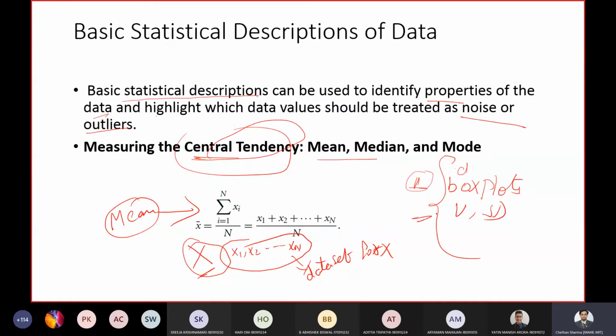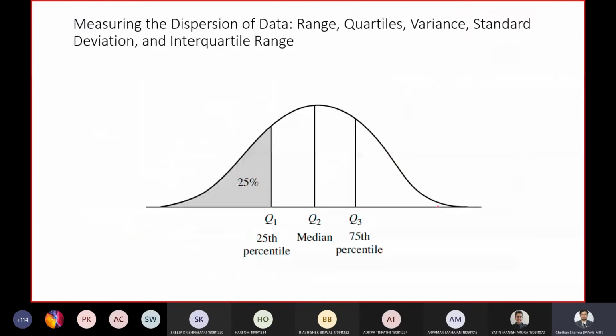Next is dispersion, how the data is spread out. For that, we'll be studying a few dispersion methods, which are range, quartiles, variance, standard deviation, and interquartile range, and based on this, we'll study how data visualization can be done. Okay.